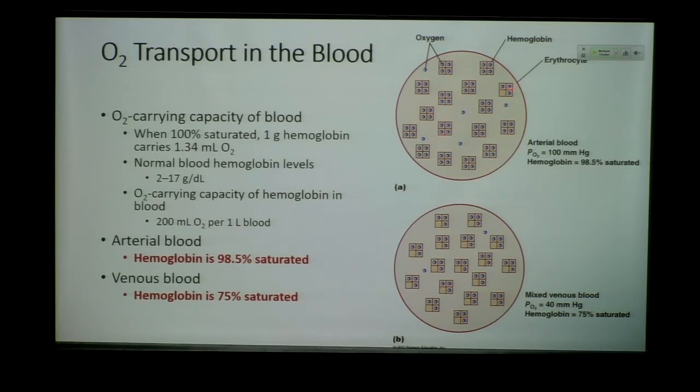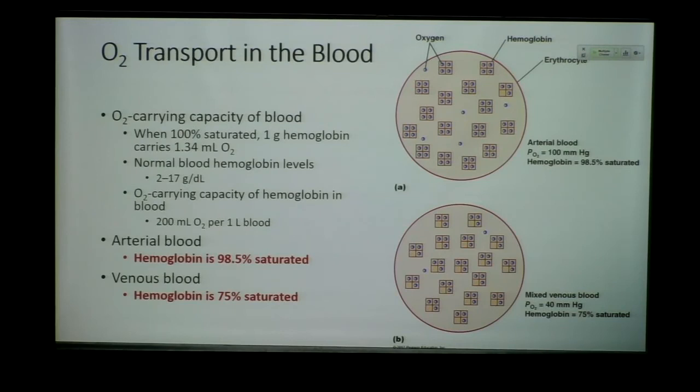We can see that here, with the exception of a few. That's why this is not fully 100, but for our purposes, we'll consider it to be 100, okay? And so at a partial pressure of 100, which we talked about, that's the partial pressure of oxygen in our systemic arteries. Hemoglobin has most of the subunits bound with 4 oxygen molecules.